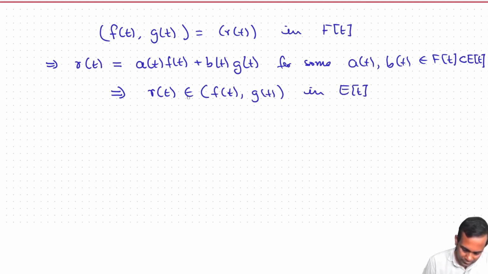Which can be restated as saying that the ideal generated by r(t) is contained in the ideal generated by f(t) and g(t) in E[t]. Okay, and on the other hand, we also have that f(t) and g(t) belong to the ideal generated by r(t).